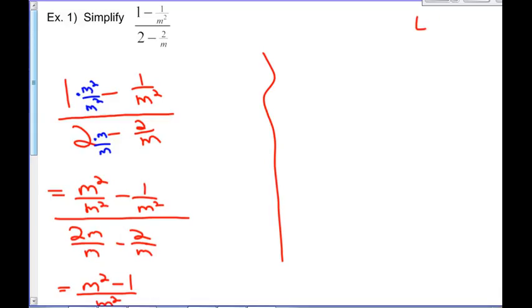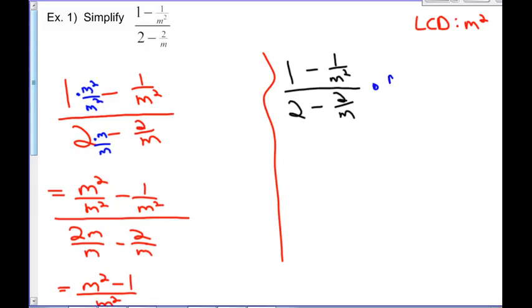The LCD of the little fractions, well, there was an m on the bottom, and there was an m squared. So the LCD is going to be m squared. So this is option 2. It should get us to the same answer. So we said multiply the top and bottom of the big fraction by that LCD.